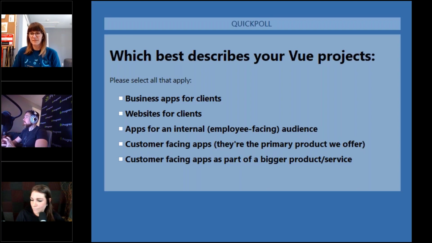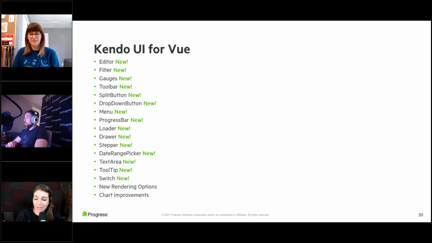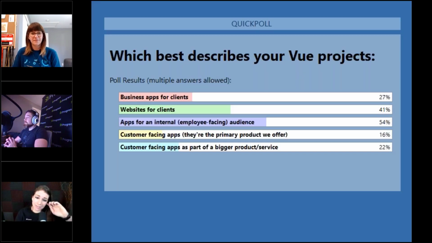So I think we still have some folks answering the question. Wow, like everything had a vote. That's really interesting, the spread. Because it's still very high for internal employee facing. That's a surprisingly even spread. It might be our most even poll of the day. Honestly, yeah.